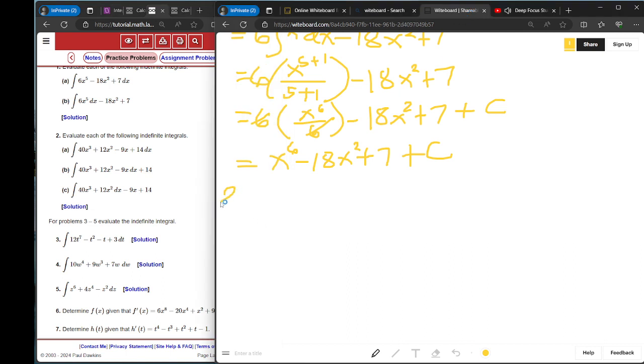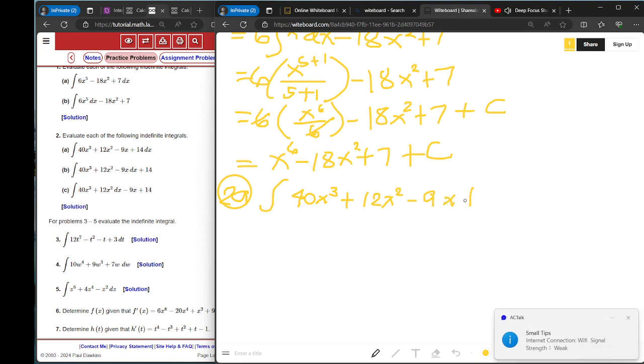Next, we'll solve number 2. So we have number 2a. That's the integral of 40x cubed plus 12x squared minus 9x plus 14 dx.